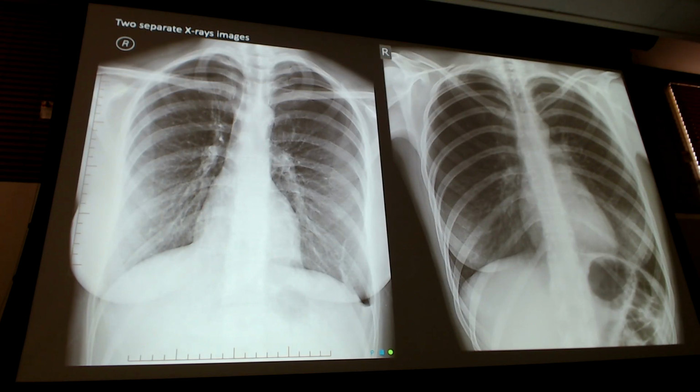I'll give you a few seconds to look at it and see if you can pinpoint if there's an abnormality, where it is, and what's going on. You still looking, that's okay.